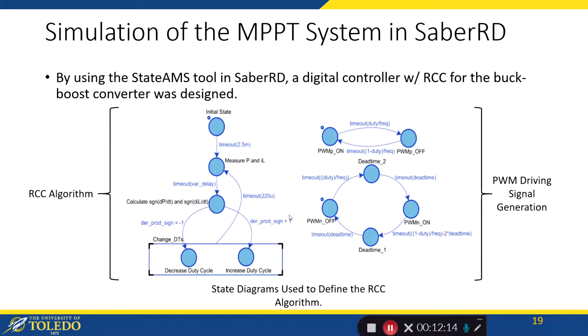The controller was designed by using the State AMS tool in SaberRD, and on the left we have the RCC algorithm. The State AMS tool uses state diagrams, and it can take in continuous input functions and use mathematical operators on them.